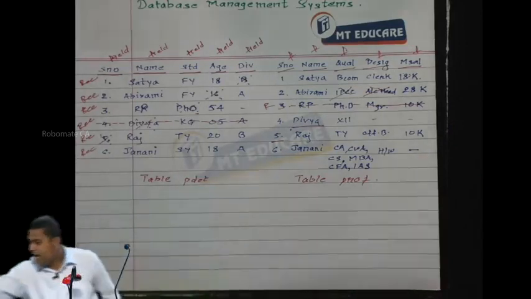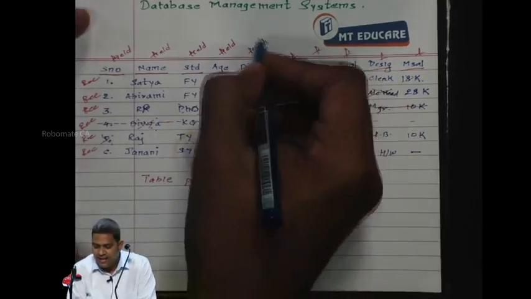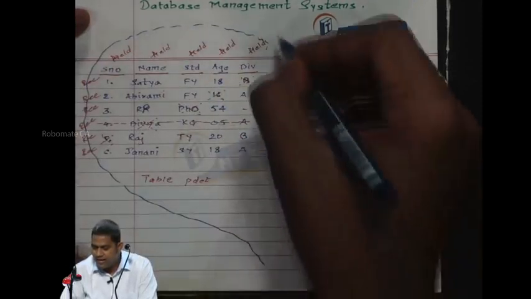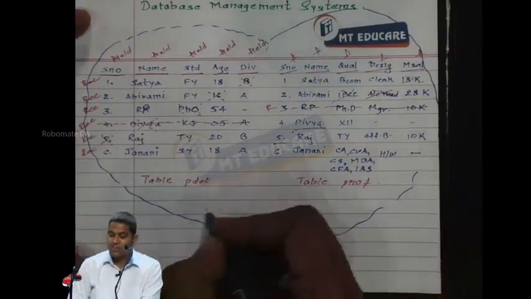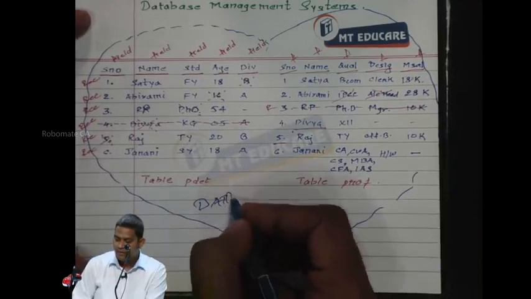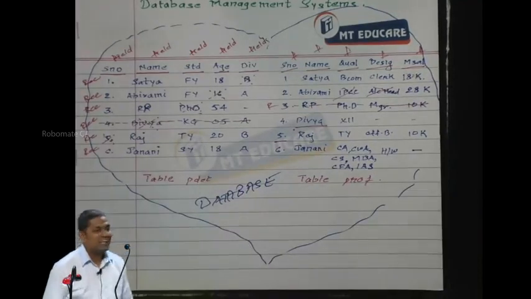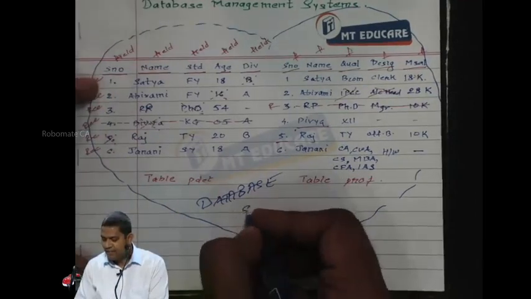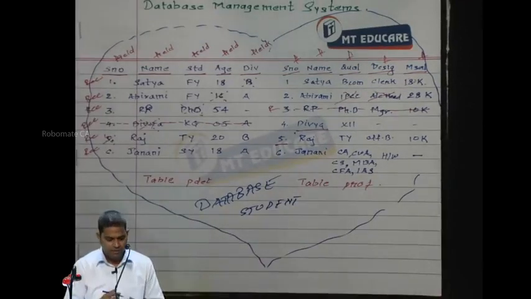So I am keeping both these tables together inside one common container, and this one common container is called a database. I'll name the database, and the name of the database is student. Understanding?